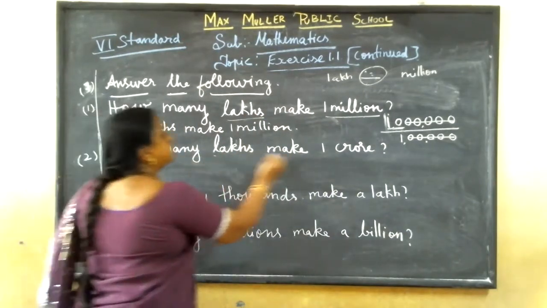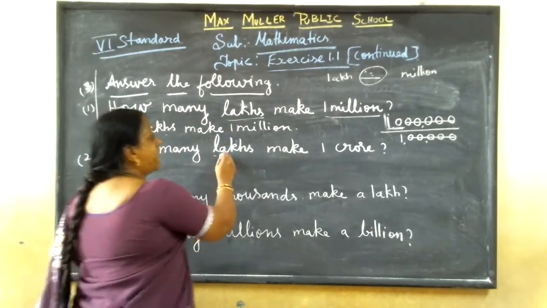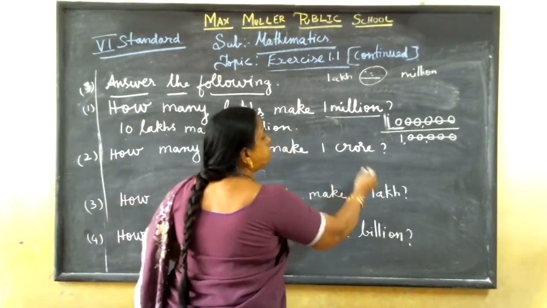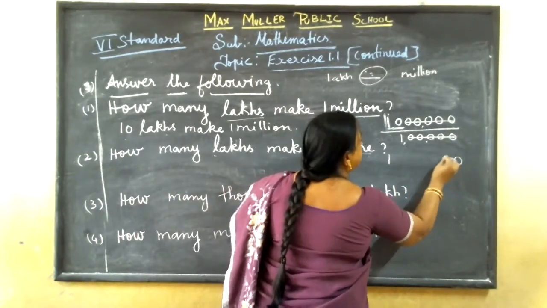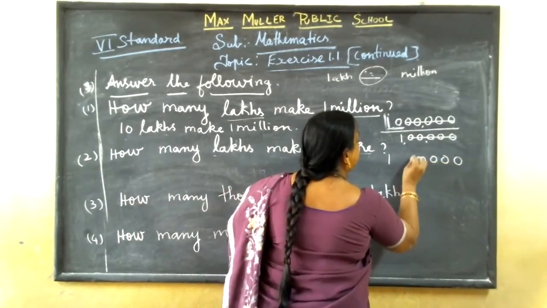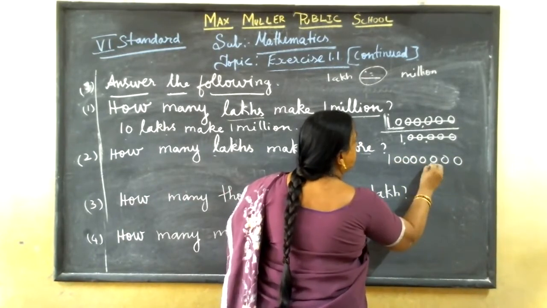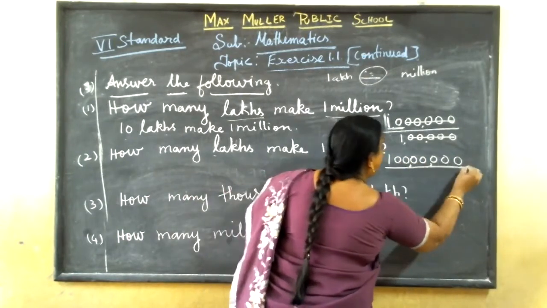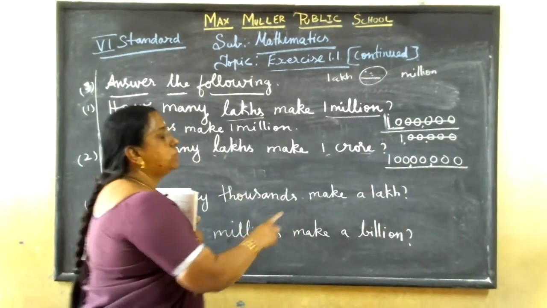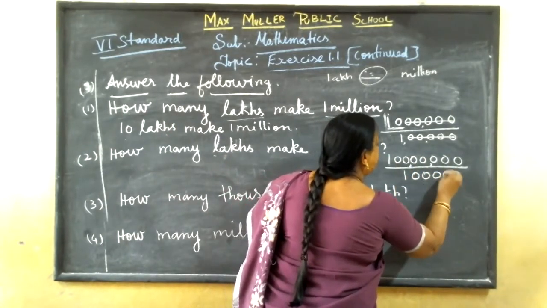How many lakhs makes 1 crore? So both are Indian system. How many lakhs is equal to 1 crore? First what you should write? Crore. How many zeros? 7 zeros. So ones, tens, 100, 1,000, 10,000, lakh, 10 lakh, crore. So 1, 2, 3, 4, 5, 6, 7 zeros, divided by lakh. So lakh, how many zeros? 5.